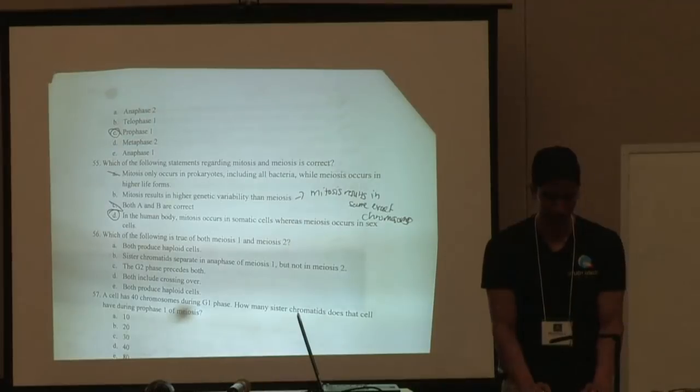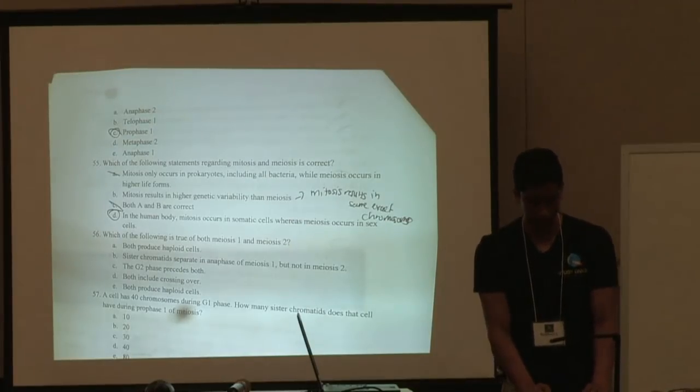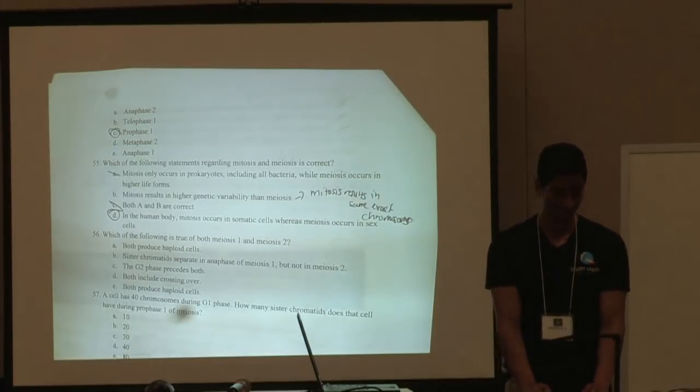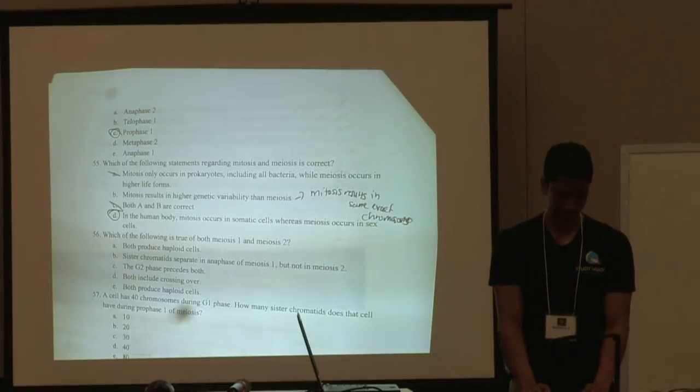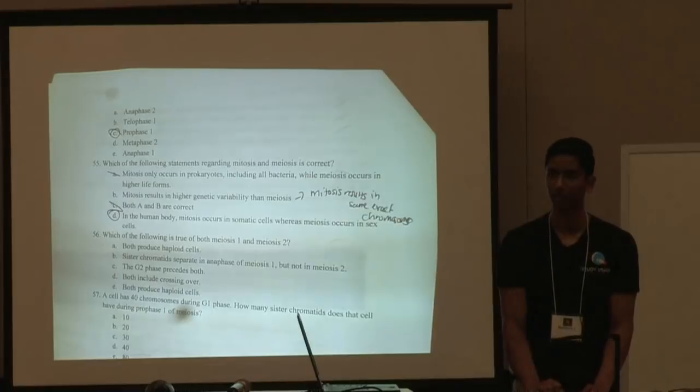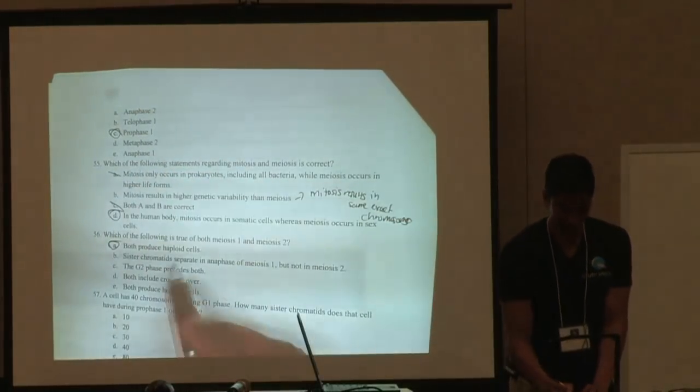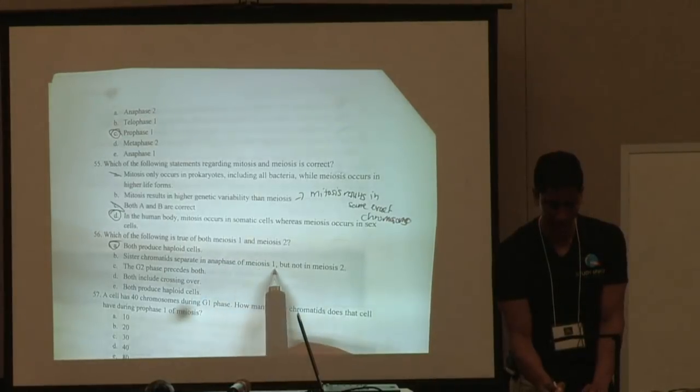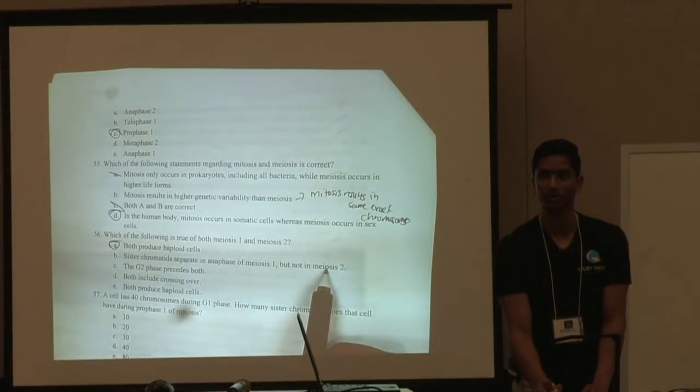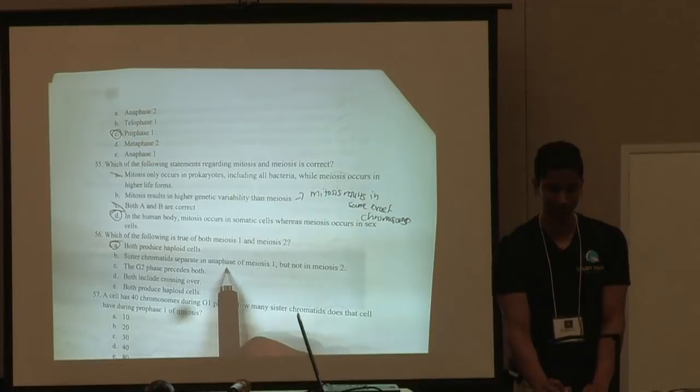Which of the following is true of both meiosis 1 and 2? Do they both produce haploid cells? They do, right? Technically, the whole process is a haploid process. Sister chromatids separate in anaphase of meiosis 1, but not in meiosis 2. No, right? What separates in anaphase of meiosis 1?